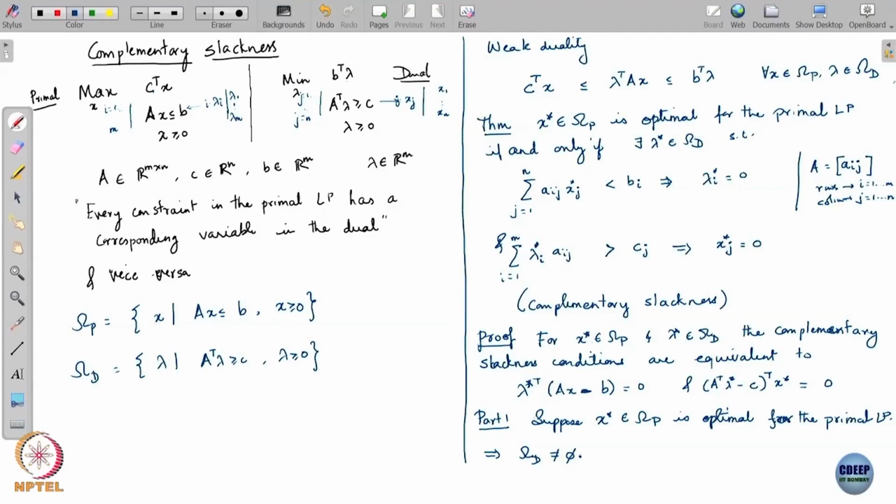Moreover, there always exists a solution to the dual and the optimal values are equal. We know that from the strong duality theorem.